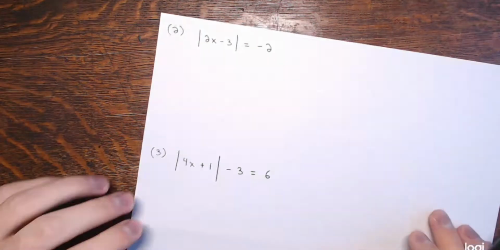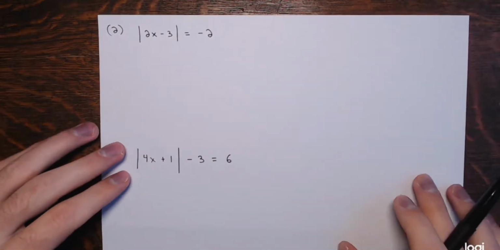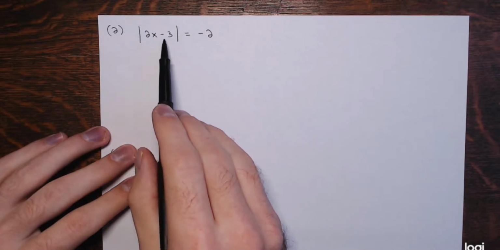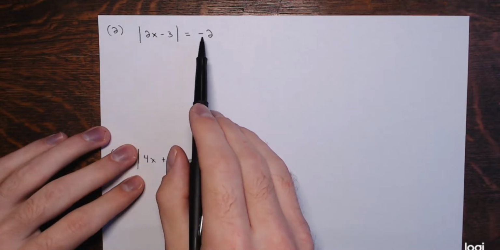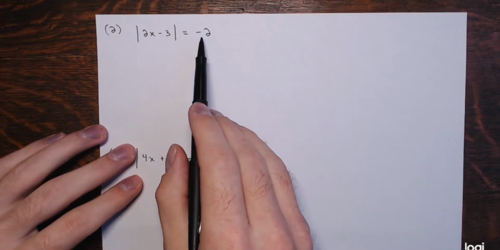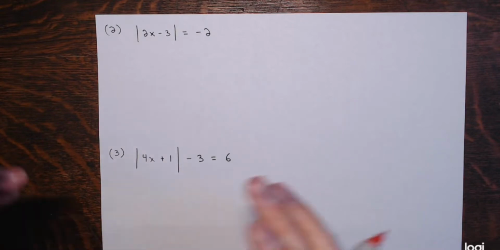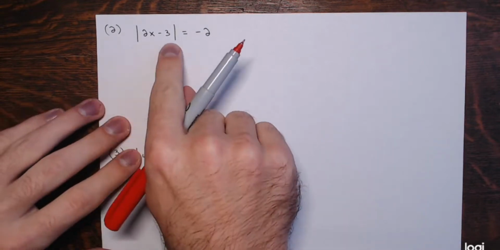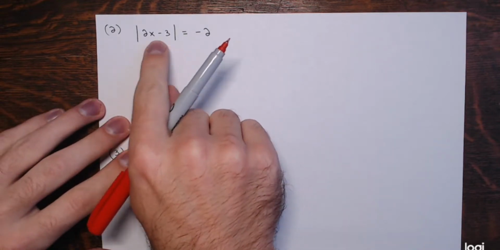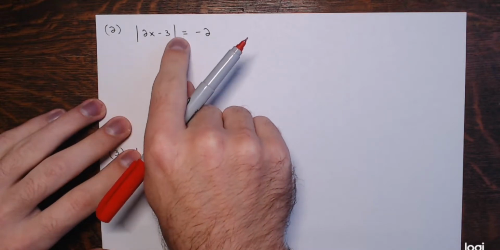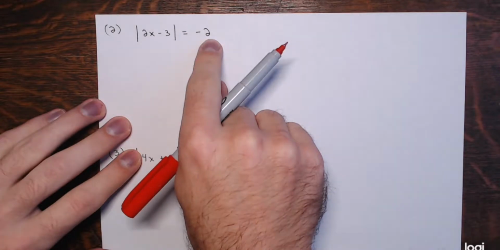So watch this, right? So example 2. Now, we have the absolute value of 2x minus 3 equals -2. So it's already set up the way I want. Absolute value all by itself. You have nothing multiplied, nothing divided, nothing added, nothing subtracted, and then some number on the other side.